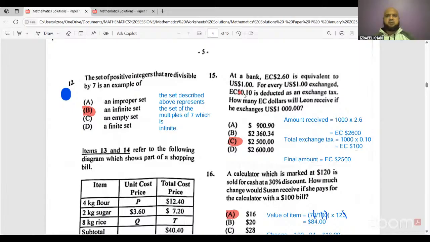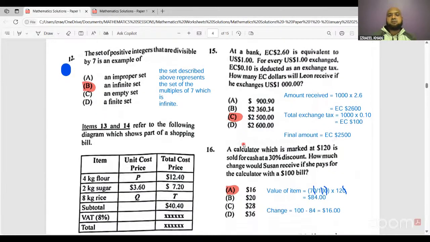Because remember, it is 10 cents for every US dollar. You just deduct the 100 from the 2,600 because the bank is charging that, and you get 2,500 EC. Okay, so C is your answer there.